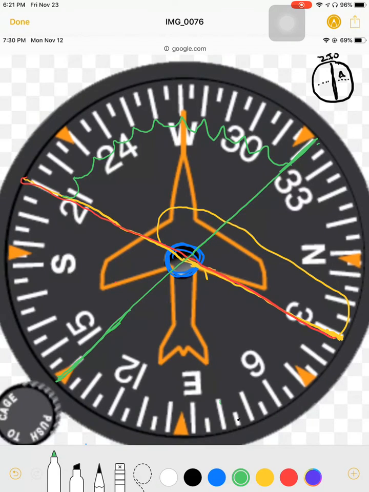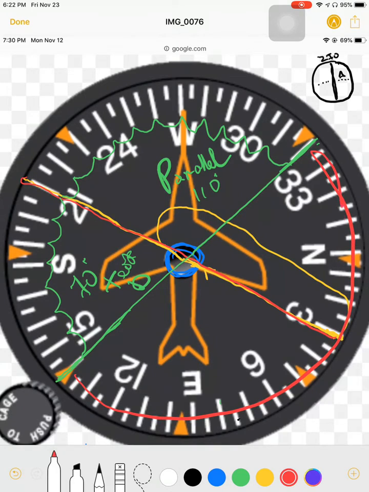And if your parallel entry is 110 degrees, now this side is going to be 70 degrees, and this is your teardrop entry. 10, 20, 30, 40, 50, 60, 70. And the rest, this side, is 180 degrees, and that's direct entry.